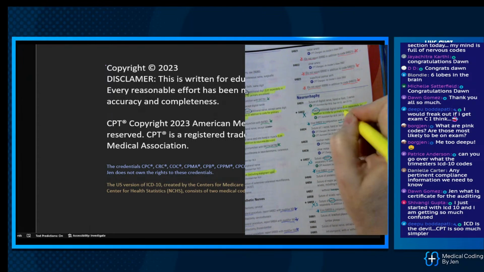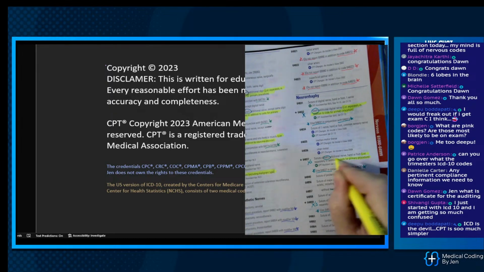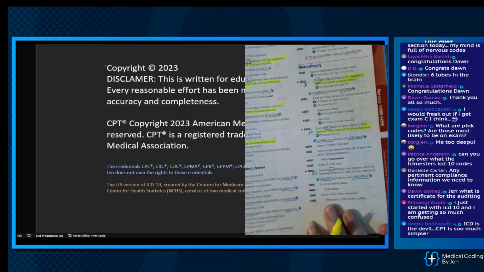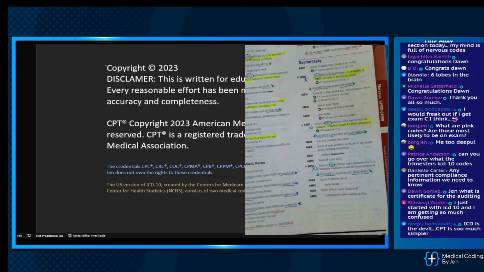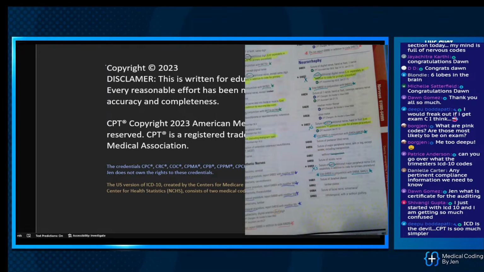They're my prediction codes that I think could possibly be important for a medical coding certification exam. Be sure you know the pink codes. This one's got an exception in it too, except sciatica, but it includes transposition.